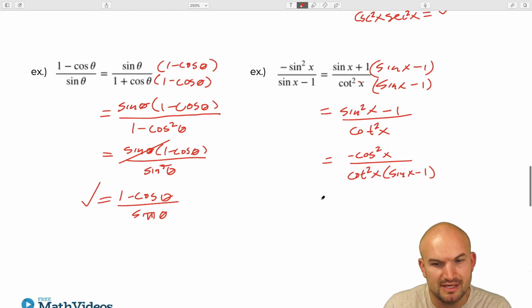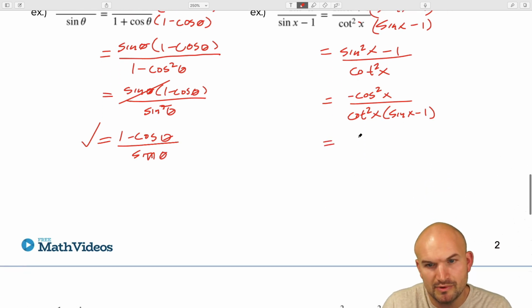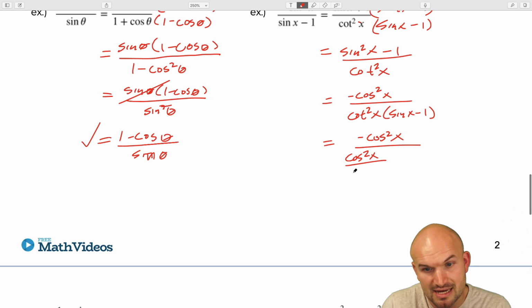Remember, this is the same thing. So why don't we rewrite this? I have cosine squared of x all over, I could rewrite this as a cosine squared of x times a sine squared of x, times a sine of x minus 1.